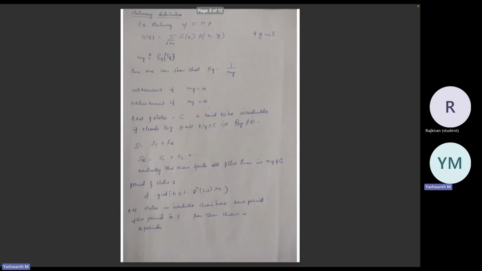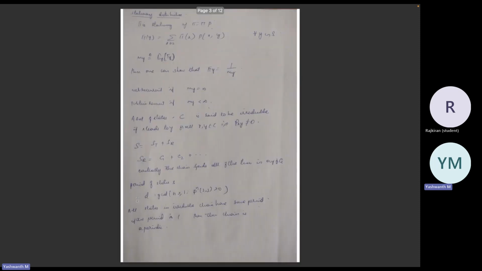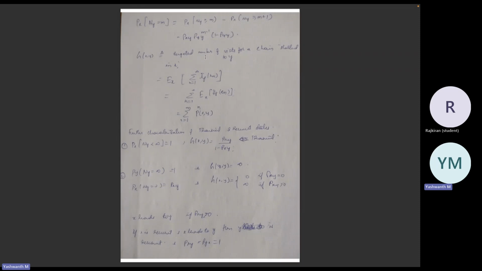It is just the expectation of this quantity. You know that the indicator of y is 1 when Xn is y by definition. So this is nothing but the sum of Pn of x comma y, with n going from 1 to infinity.